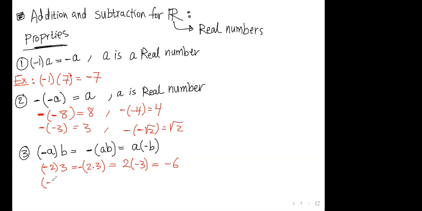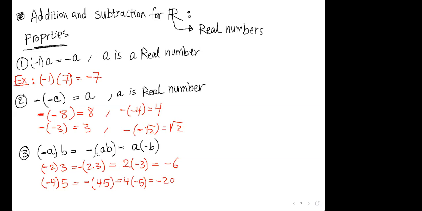Another example, minus 4 times 5 is equal to minus of 4 times 5, and this is equal to 4 times minus 5. And this is equal to minus 20 for all of them.